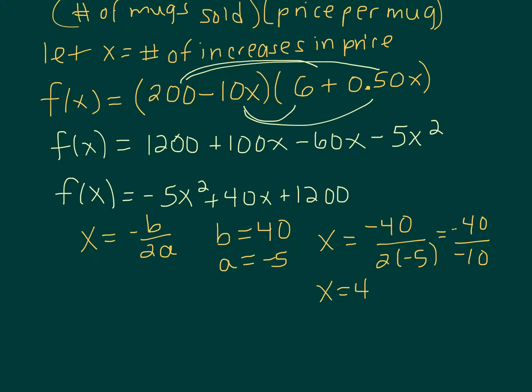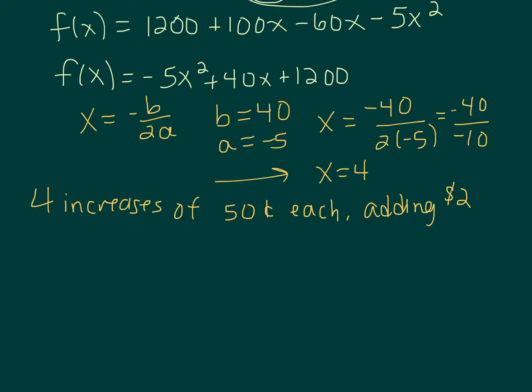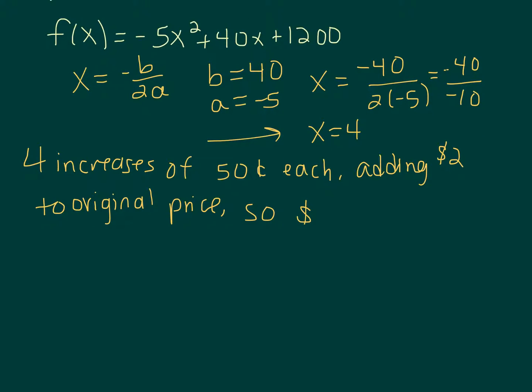So how much should he charge? The x value tells us how many increases. So if you have 4 increases of 50 cents each, that's adding $2 to the original price that he had set. So that means a price of $8 maximizes profits.